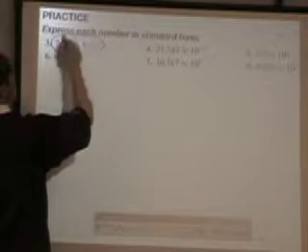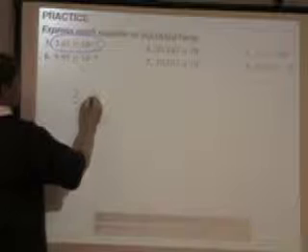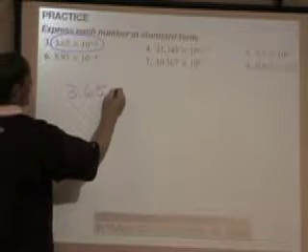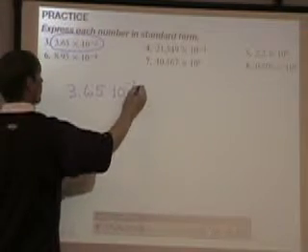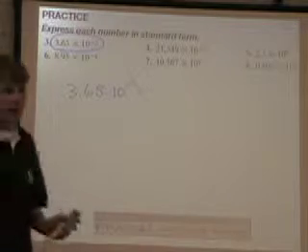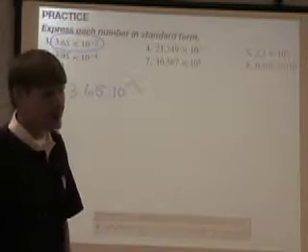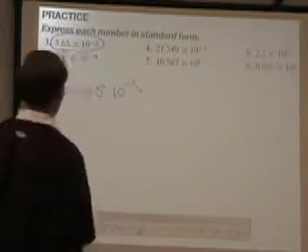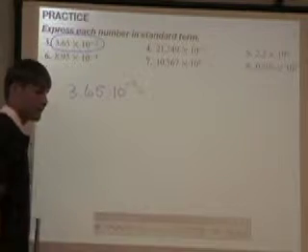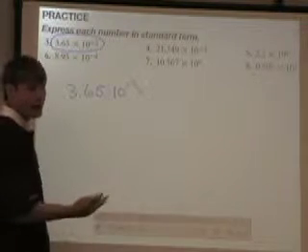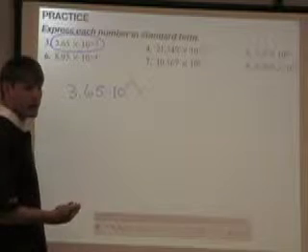Now, on this first one, I've got 3.65 times 10 to the negative 2. Since the exponent's negative, the answer is less than 1. So I got to move the decimal which way? Left. Because if I went right, it would make it bigger, right?